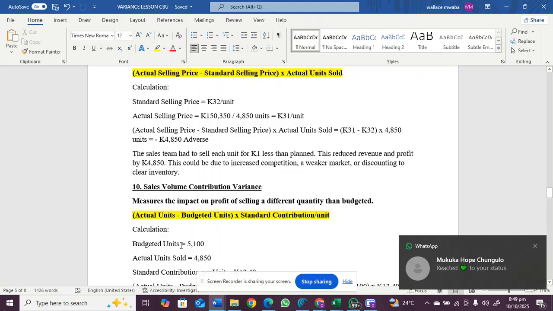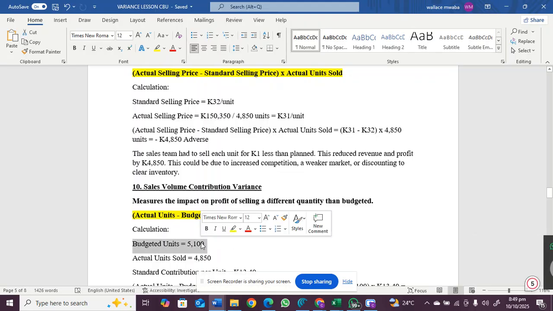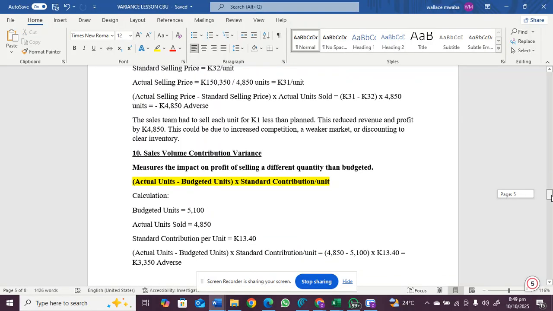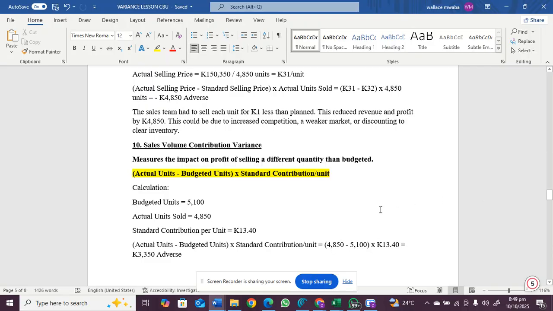In the question, they told us we budgeted to make 5,100 units. But in actuality, we made less, 4,850 units. So you're going to say 4,850 minus 5,100. Our standard contribution per unit was given in the question, 13.4 kwacha. So we multiply 4,850 minus 5,100 by 13.4.